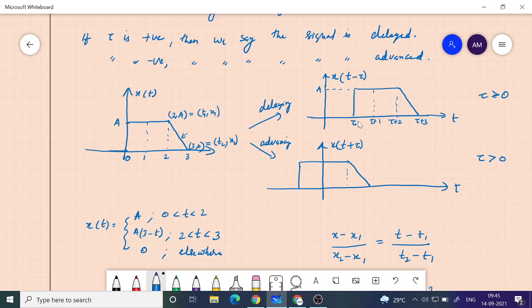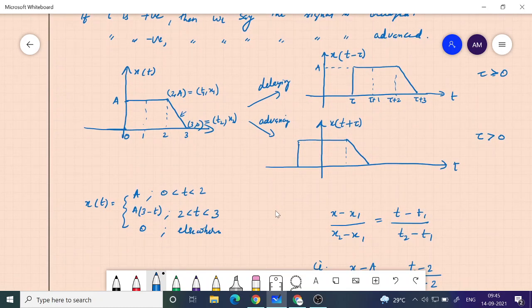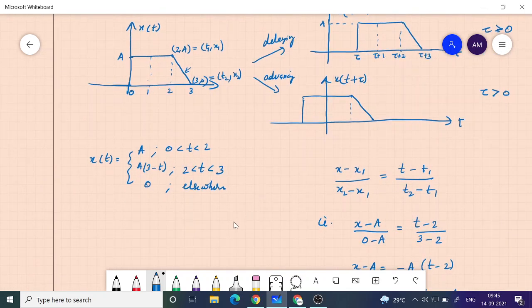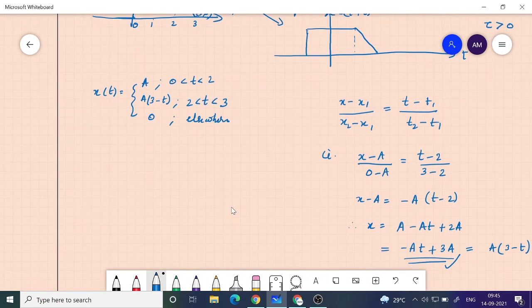After that you can see from tau to tau plus 2 you have a, and from tau plus 2 to tau plus 3 you have some other expression, so you can find it in that manner. So graphically you find the result and then write down the expression for the signal. But alternatively you can do this mathematically. The transformation can be done mathematically. All you need to do is replace t with t minus tau.